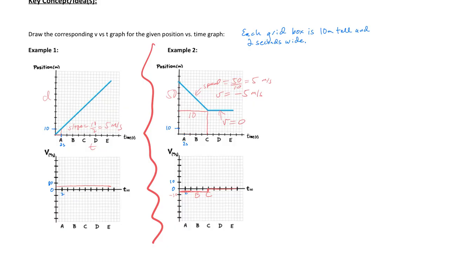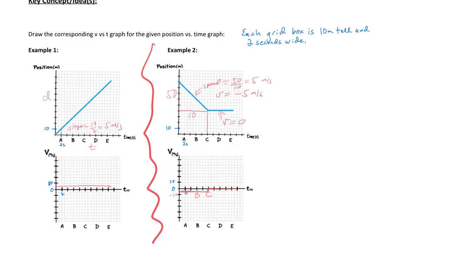And then on this other side, we've got negative velocity because it's going downhill and it's speeding up. And so we've got negative acceleration. So we'll have a downhill slope, a straight line, because this is symmetrical. It's the same acceleration. So we'll have a straight line like that.